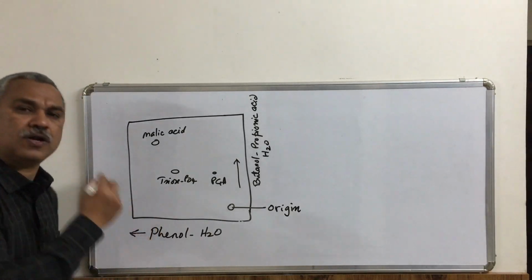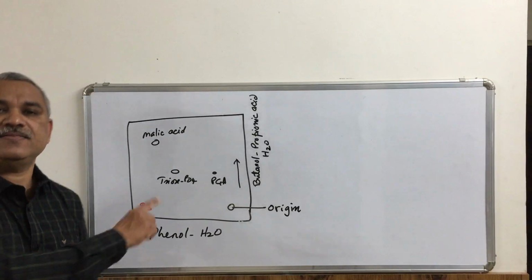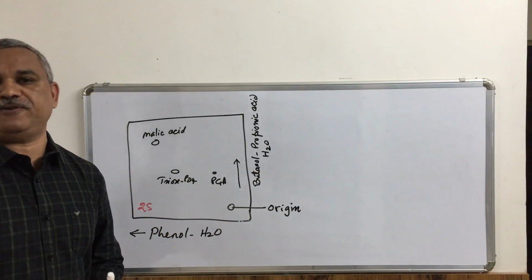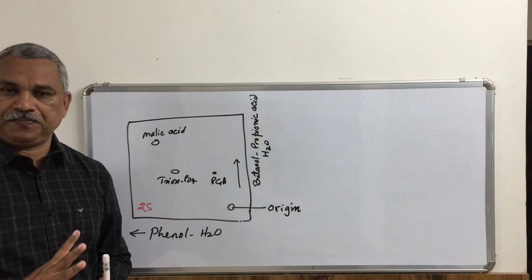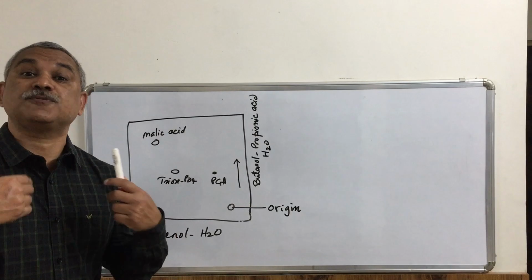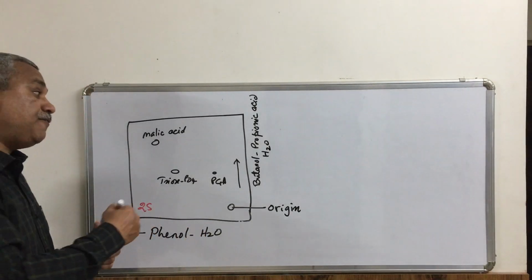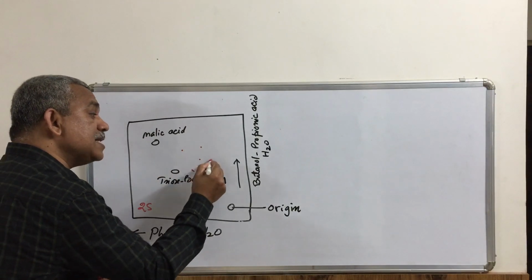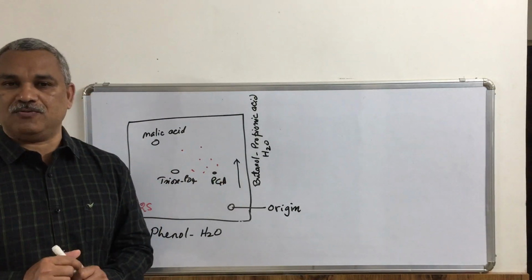Initially they carried out the experiment with 2 seconds of light, and then the paper chromatography was carried out. They found many compounds were separated. Then they increased the duration of exposure to light to about 60 seconds, and found many more compounds separated, and they tried to identify these compounds.